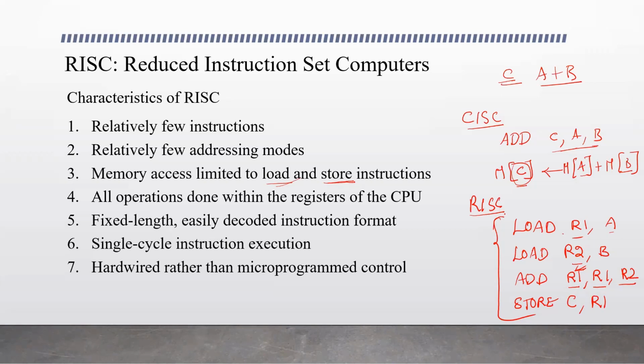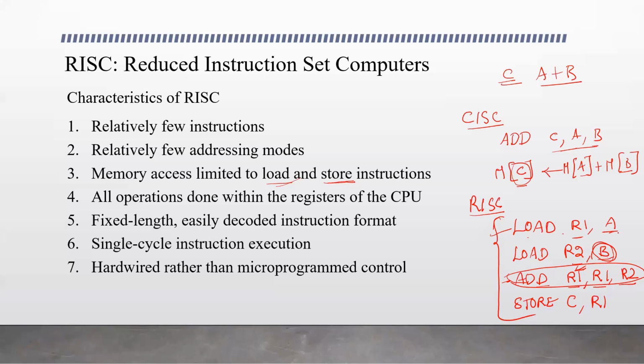In a computer with RISC architecture, we need to write it this way. Load and store can have memory access. All the manipulations are done within the CPU registers only. And the fifth characteristic: fixed length, easily decoded instruction format. How is it fixed length? In RISC computers, it cannot have 0 address or 1 address instructions. RISC instructions are limited to 2 address or 3 address instructions.